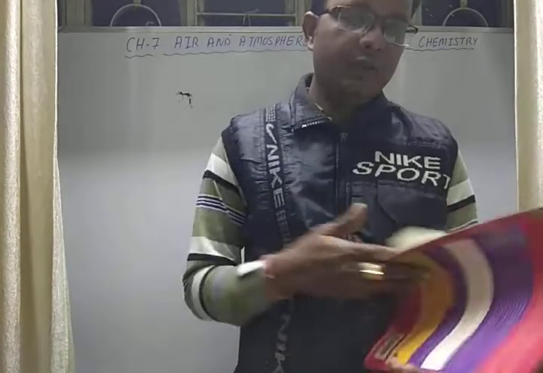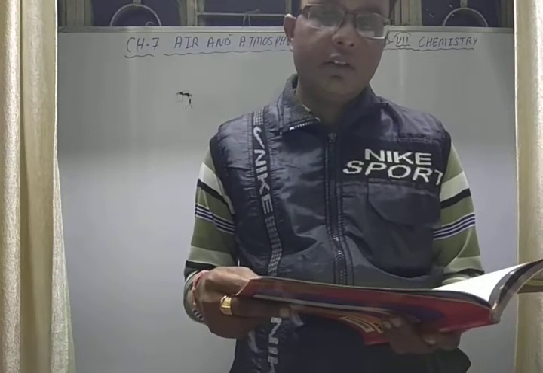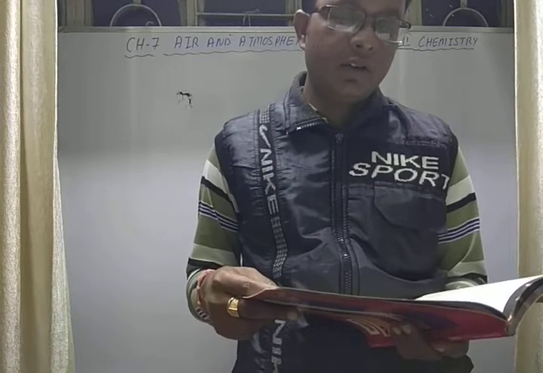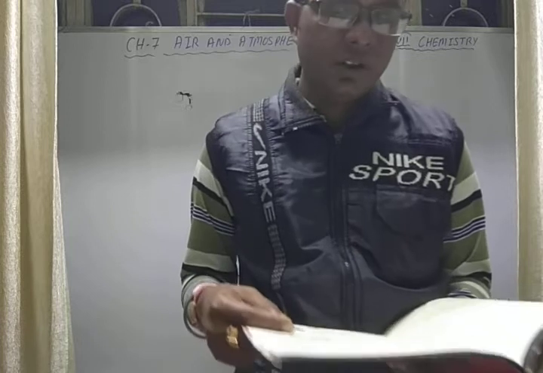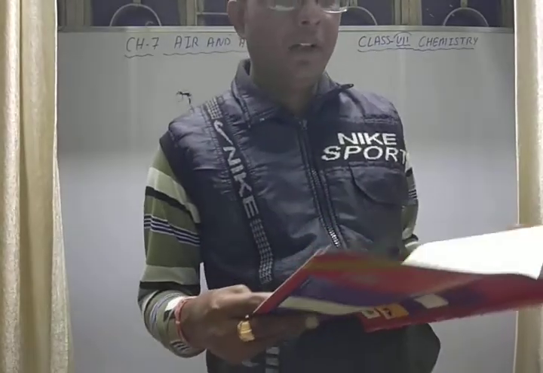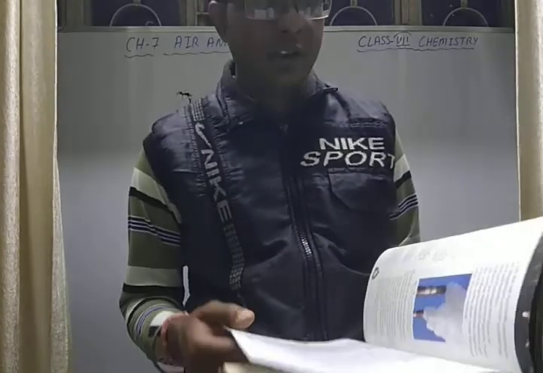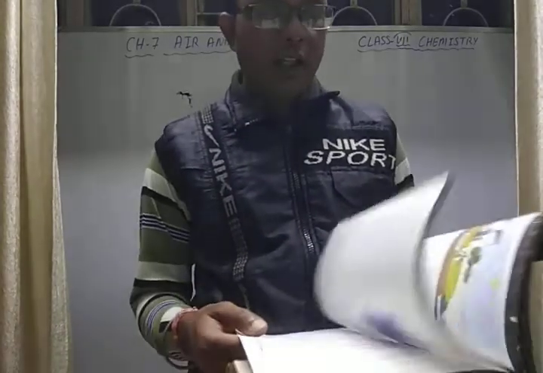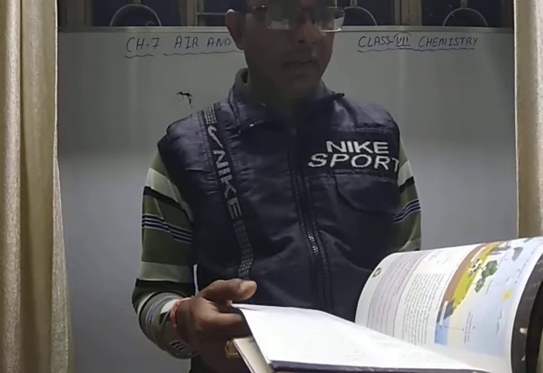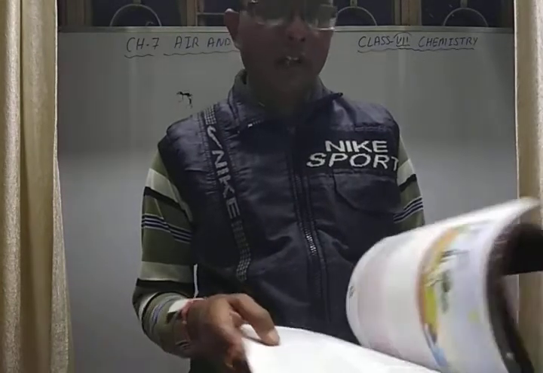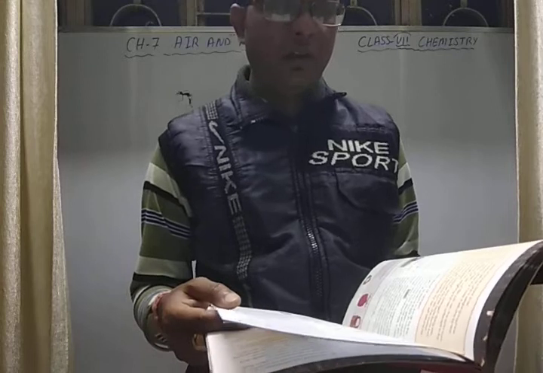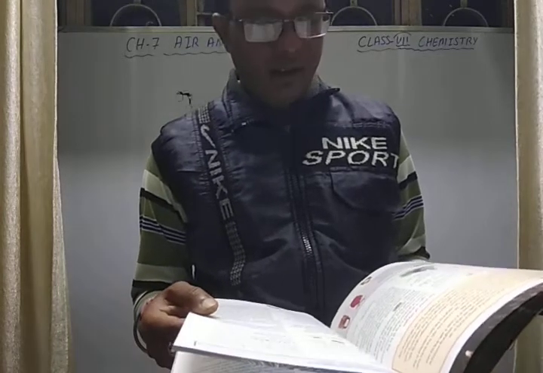Next question is: give word equations for the following. During the online class I told you to write not only the word equation but the chemical equations also, if you can. Suppose burning of fuel: fuel plus oxygen gives carbon dioxide, water vapor and energy.